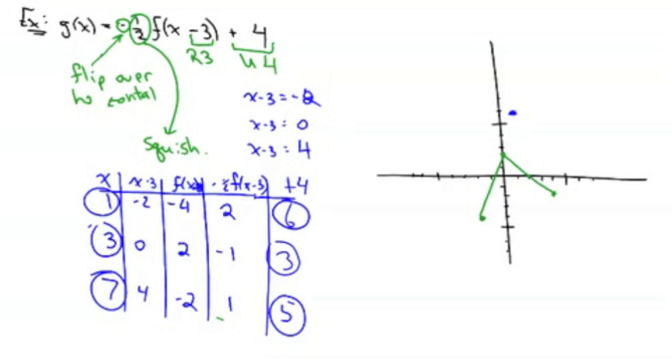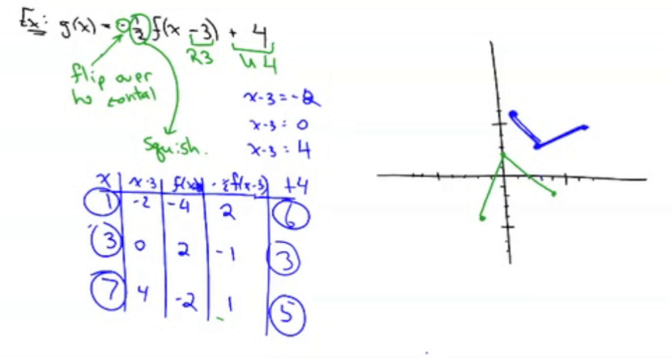It's up here. Next point. 3, 3, so 3 over, 3 up. Last point, 7, 5. So this is the translated graph, transformed graph. Is what it is.